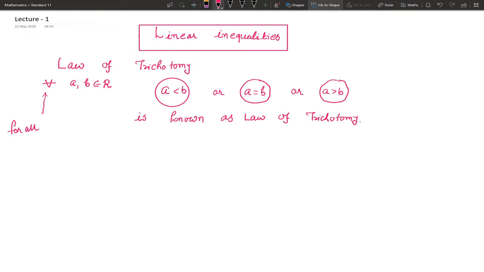For example, you take two real numbers 2 and 5, then there will be a relation of the form 2 less than 5, or you can say that 5 greater than 2, or say another, 2 equal to 2. So for any two real numbers A and B belongs to R, there is always a possibility of either A less than B or A equal to B or A greater than B. This law is known as the law of trichotomy.